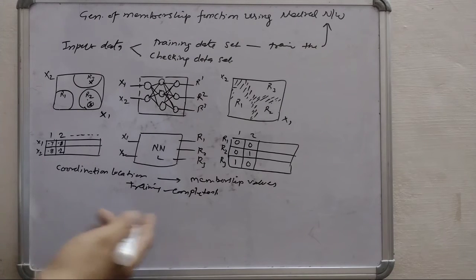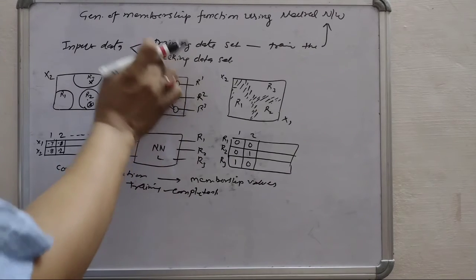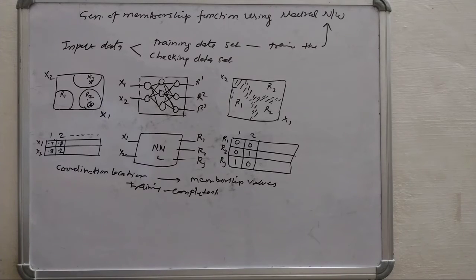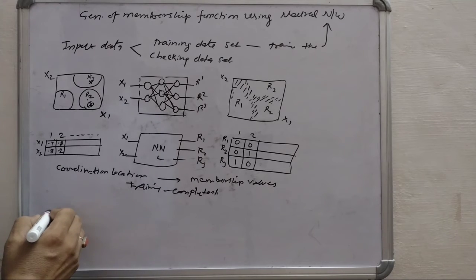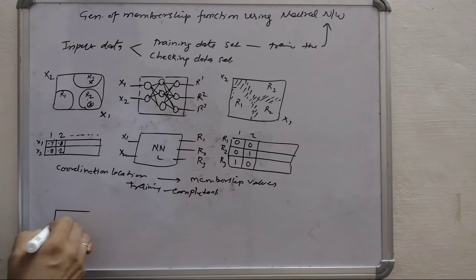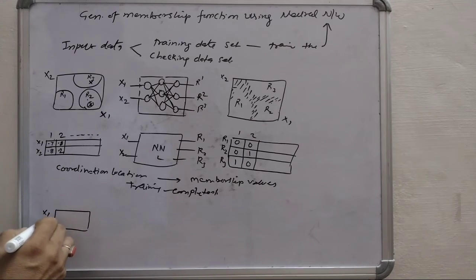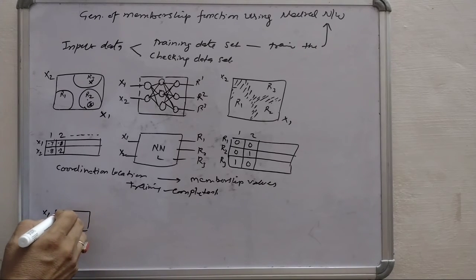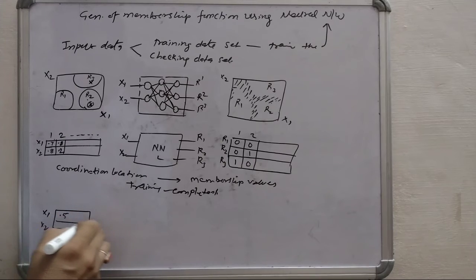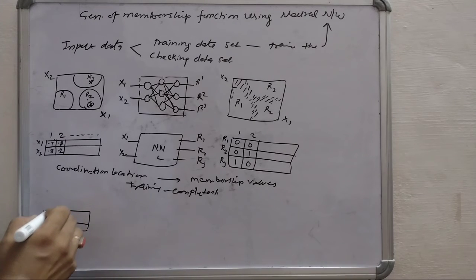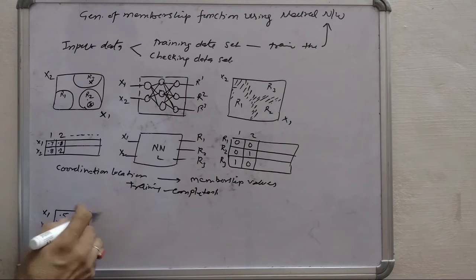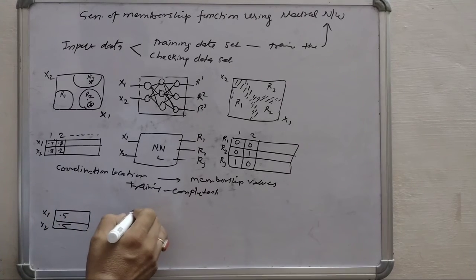The next part is the checking. Whenever we present some checking data set, suppose a single data point, we give it to the network. Suppose x1 and x2 have values 0.5 and 0.5. This is a single data point given to this network.